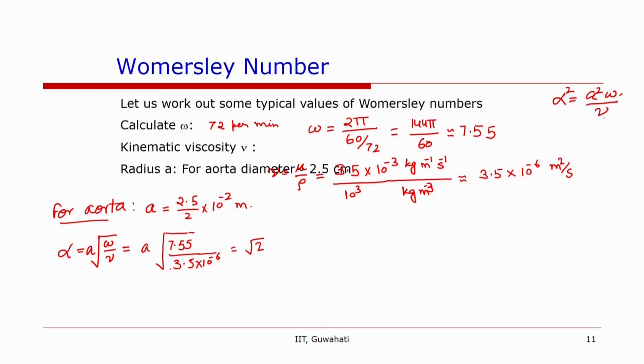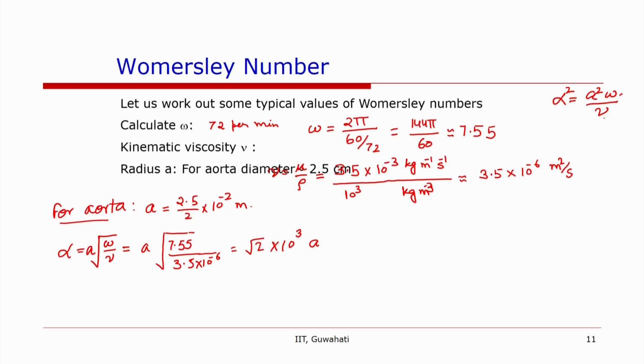This number will be more than 2, but for the simplicity sake, let us say that this is root 2 into 10 to the power 6. The square root of 10 to the power 6 will be 10 to the power 3 into A. So A is in meters for this to be true.